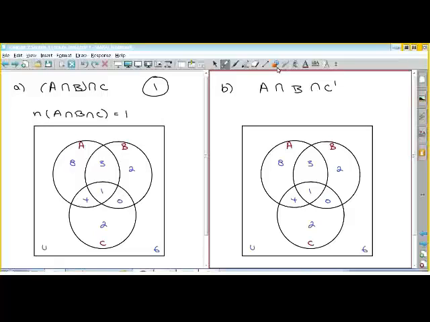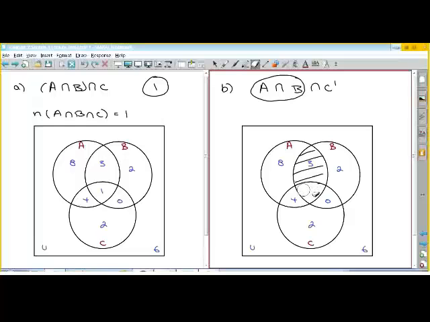So first we'll find the intersection of A and B, which we just did a second ago. That's this part. So that's A intersect B.